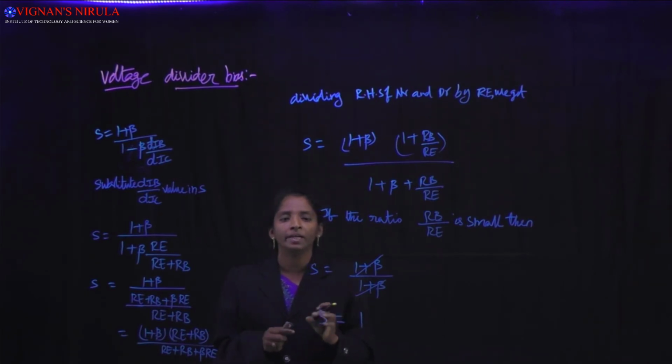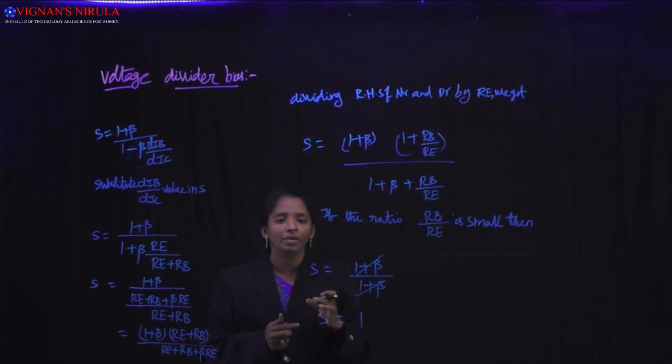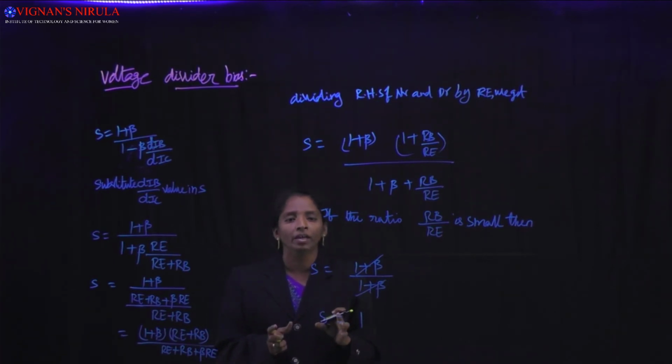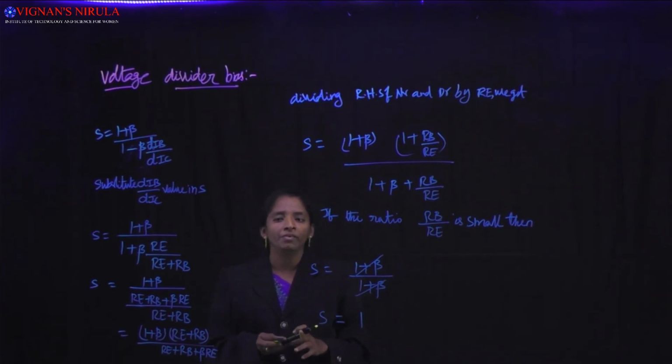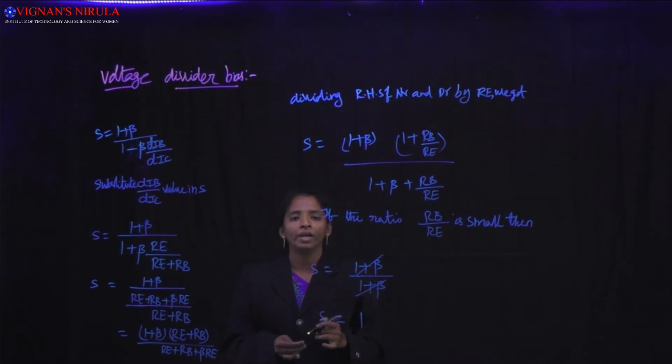But in almost all amplifiers we are using negative feedback only, because due to negative feedback we get increased bandwidth, and overall performance of the circuit is very high. So negative feedback is used in amplifiers, and positive feedback is used in oscillator circuits.